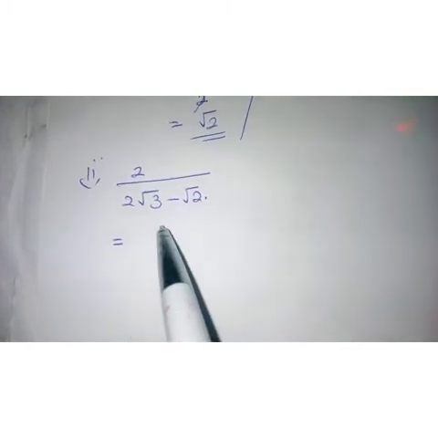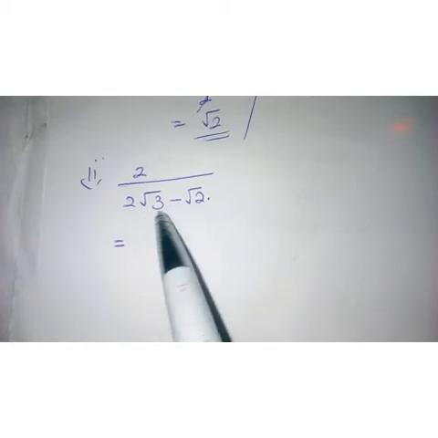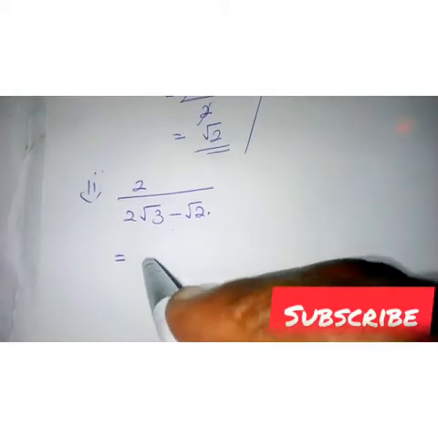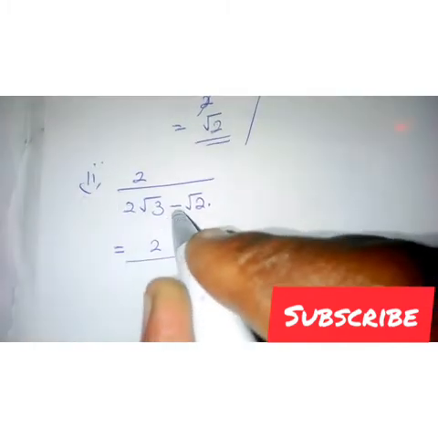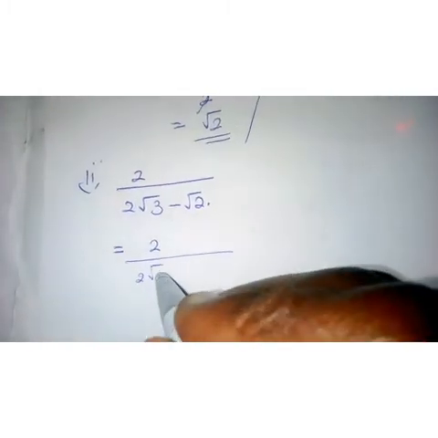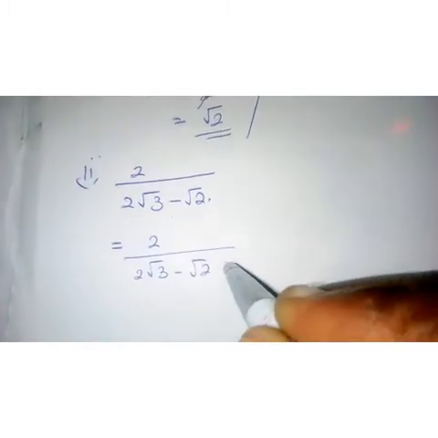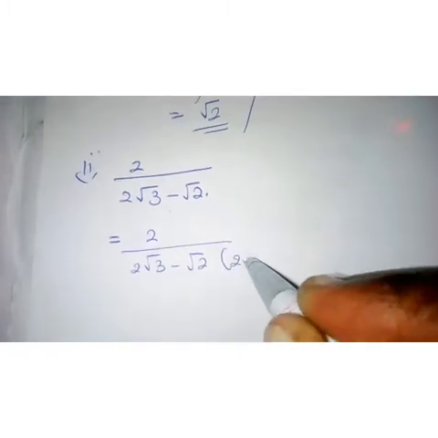In the second one, we observe that the denominator is now having an operation between two surds. So the conjugate will be this very thing, but the operation will be different.